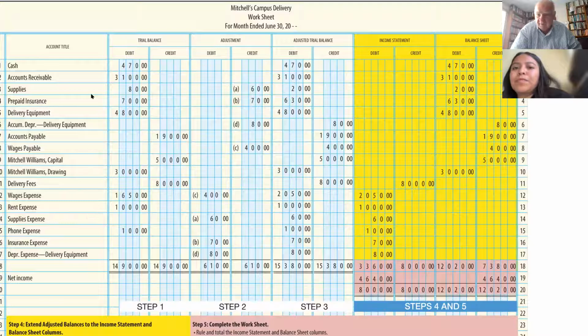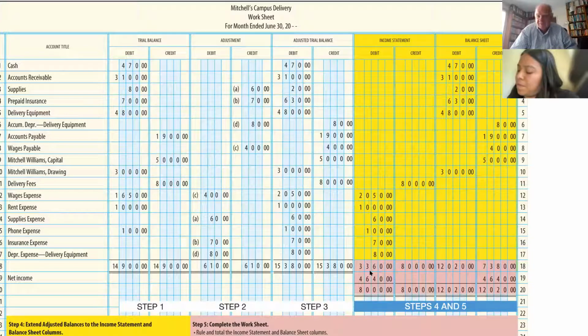Everything above is the balance sheet, right? Little tip there. So look, we go over to the income statement and we bring over the $8,000 in revenue and we debit all of the expenses. But we don't balance.